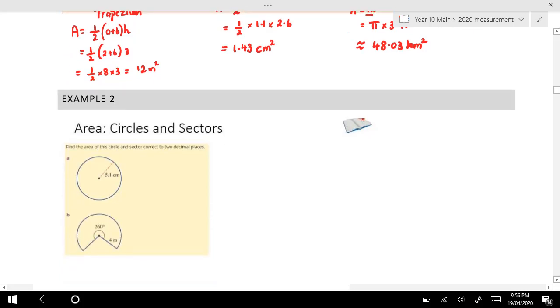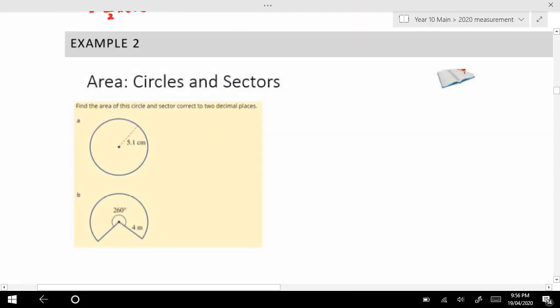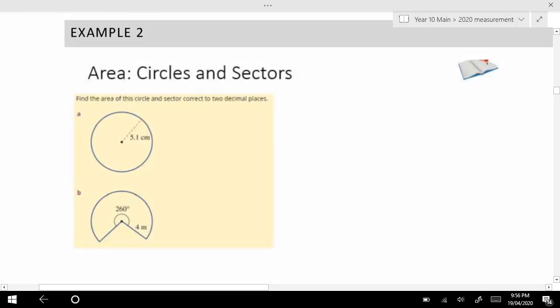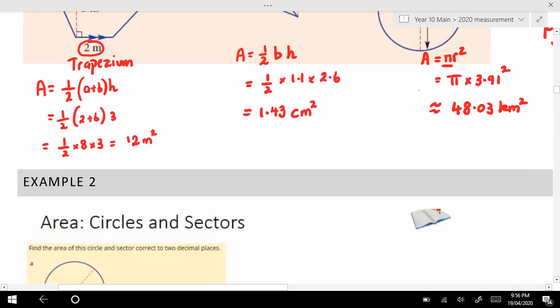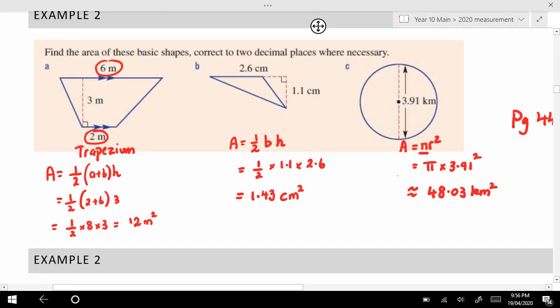All right, so now what we're going to do is have a look at some areas of circles. Just quickly, what have I done wrong here?